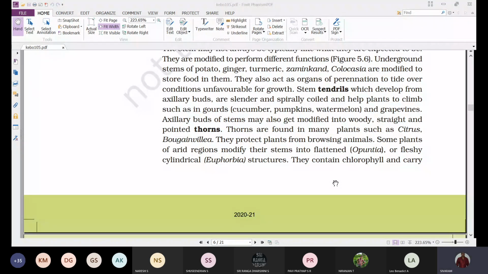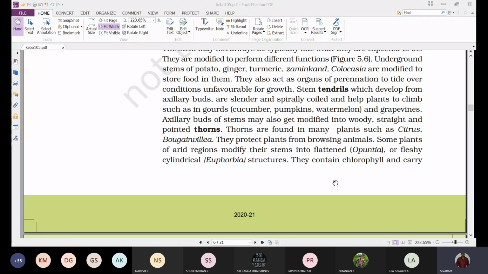The terminal bud is modifying into a tendril, a slender, spirally coiled structure. And even if the tendrils are developed from axillary buds, that is also considered a stem tendril.